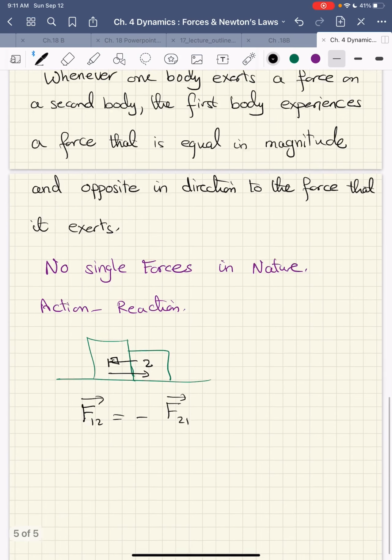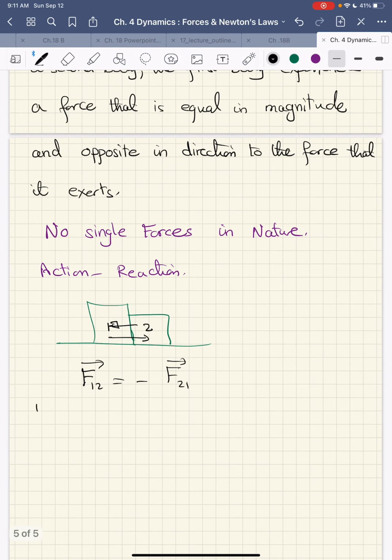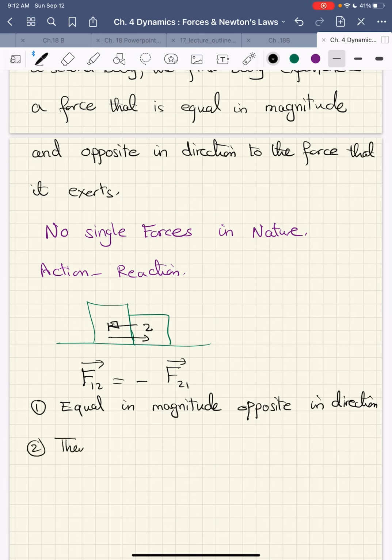One of the things that I want you to know is that they are equal in magnitude and opposite in direction. They grow together and die together, which means no one can exist without the other.